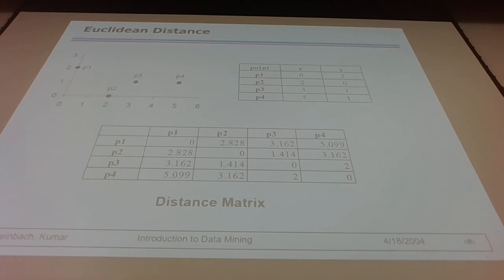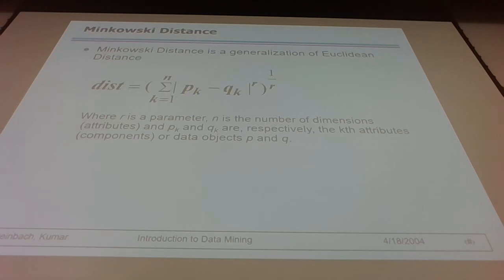The book goes into calculation of distance. We don't need to. So Minkowski distance is the general form of the norm, right? L1 norm, L2 norm, general form. You just do pk minus qk to the power r, sum them up, and then take the rth root. Right? So that is Minkowski distance.